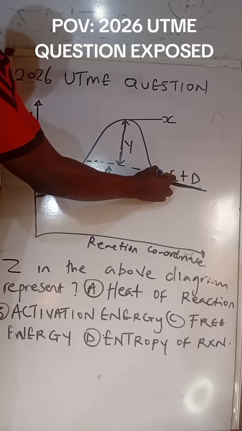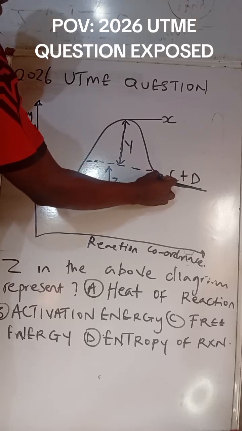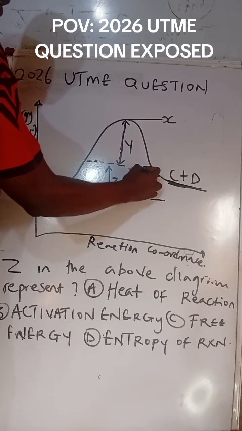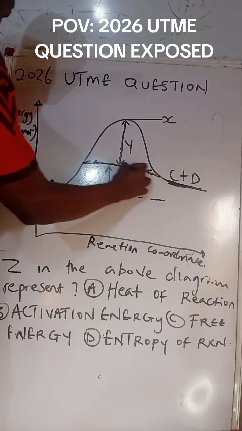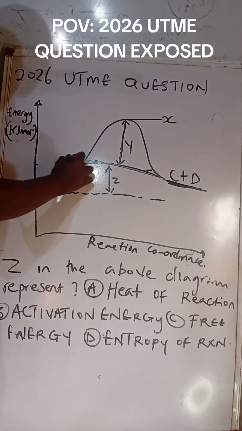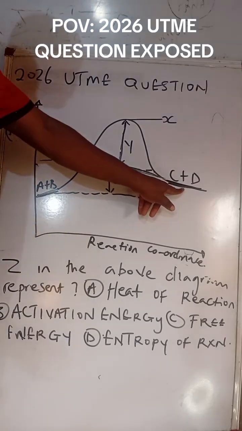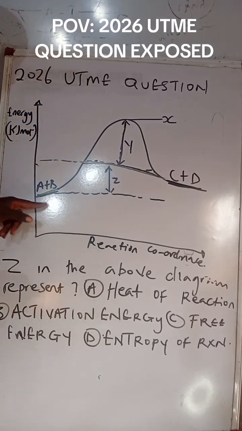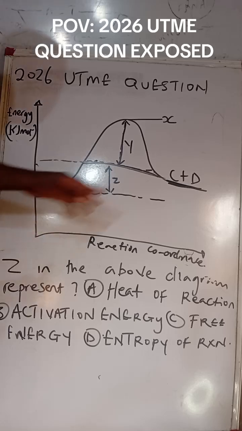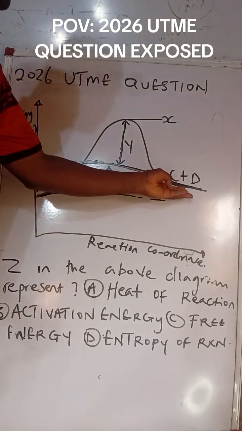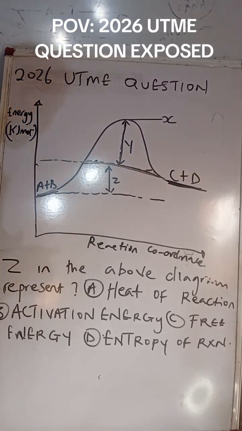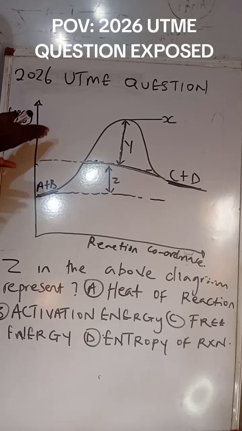Anytime the energy of the product is higher than that of the reactant, the reaction is said to be endothermic. Just take note of that. While anytime the reactant is higher than the product, the reaction is exothermic.